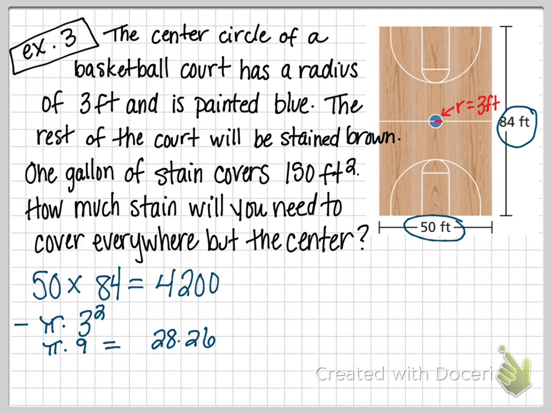And because we're not going to paint that blue circle, we'll subtract that amount from our 4,200. Which leaves us with 4,171.74 square feet. That's how much needs to be painted with the blue circle removed.